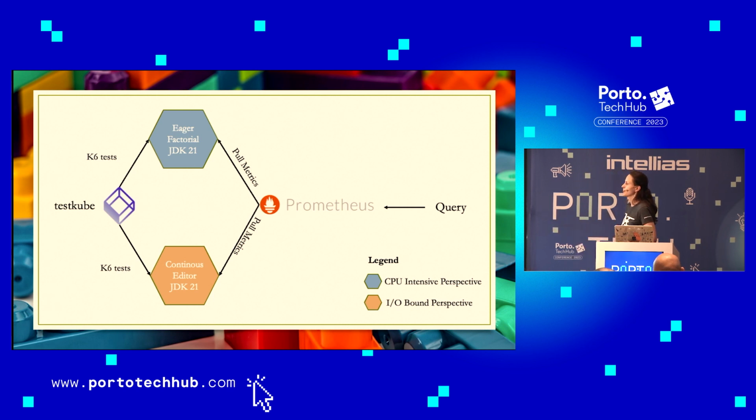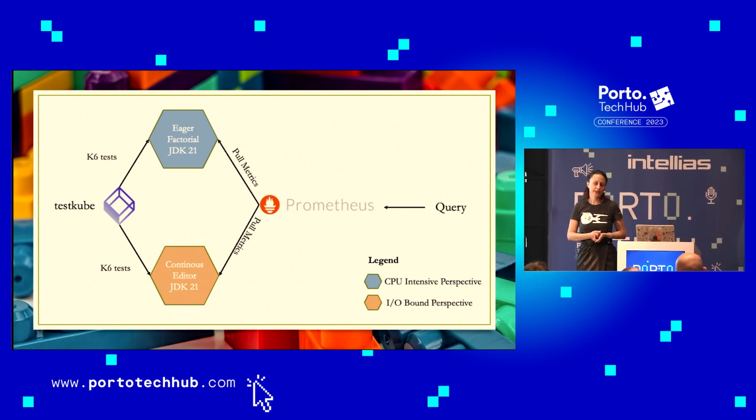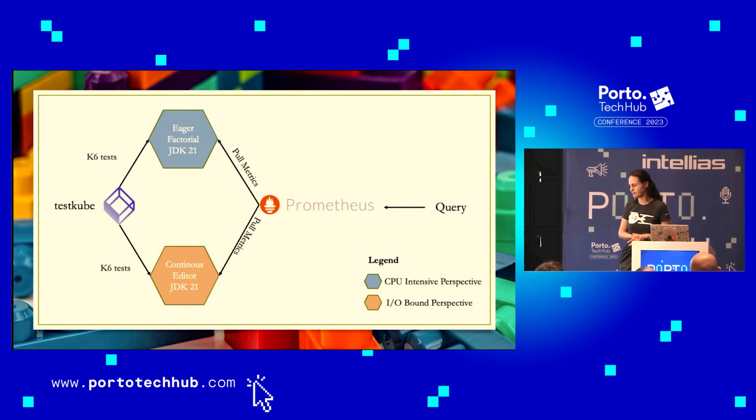So I kept them minimal. Now, the first application, the Eager Factorial, as it says, makes some very big math calculations. It computes big factorials with BigInteger. It takes a lot of CPU for that. And of course, the second one is the continuous editor that continuously edits a file. So that one I'm going to look at from the IO bound perspective.